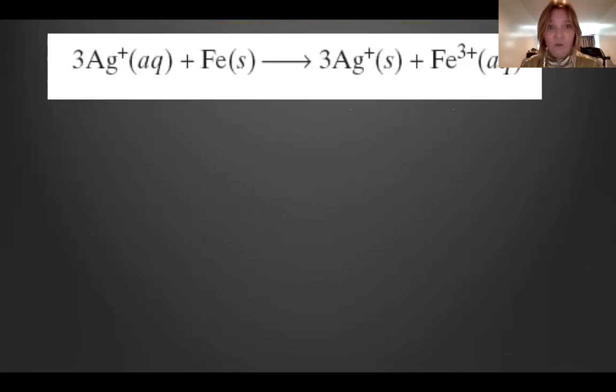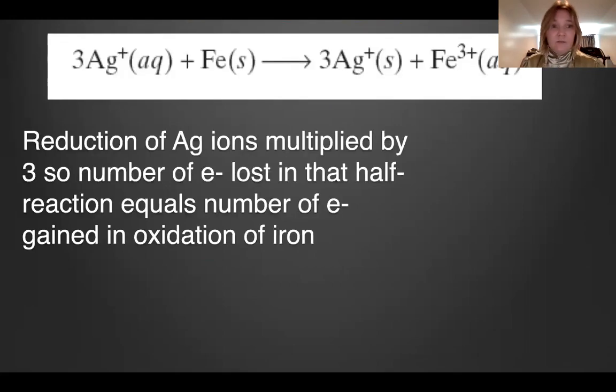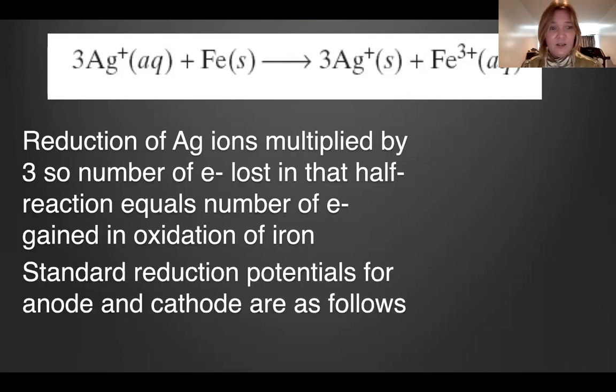Okay, so again, in our overall equation, the reduction of the silver ions is multiplied by 3, like I said, so that the number of electrons lost in oxidation equals the electrons gained in reduction.